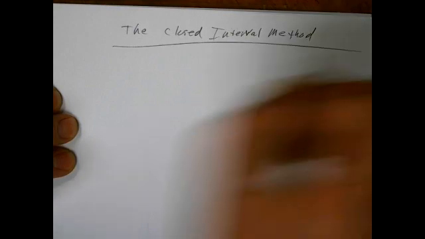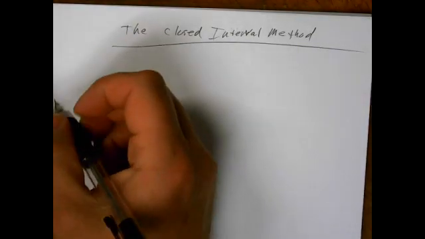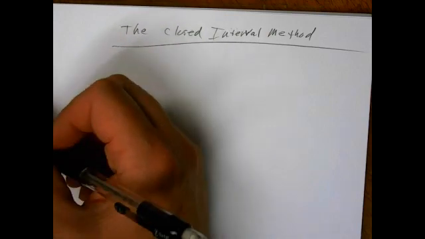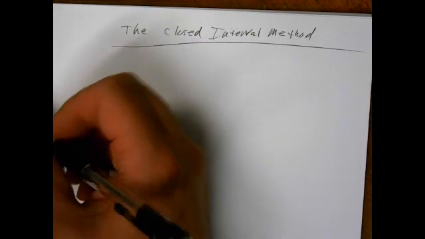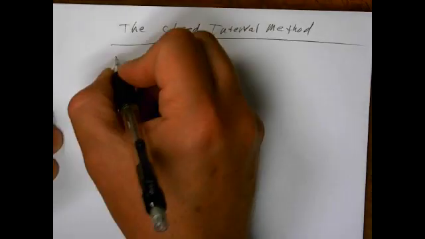All right. Closed interval method says if you want to find an absolute max or an absolute min or both on a continuous function on a closed interval, here's the steps you need to take.